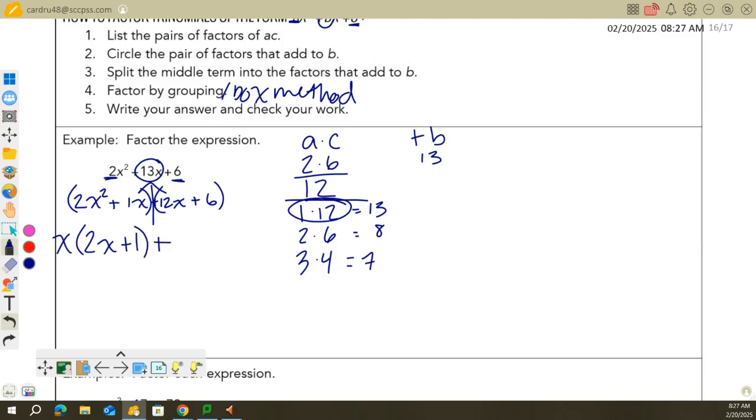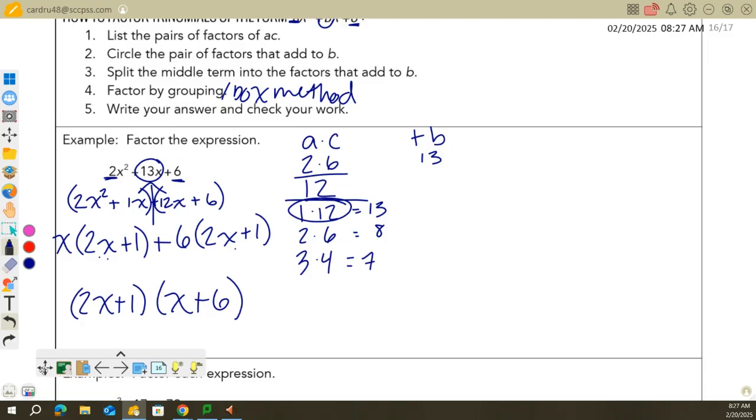Over here, 12x plus 6, I have a GCF of 6. 12x divided by 6 is 2x, and 6 divided by 6 is 1. Then I can take out that same binomial, because those are the same, and then take out my two GCFs. So factored, this is 2x plus 1 times x plus 6.